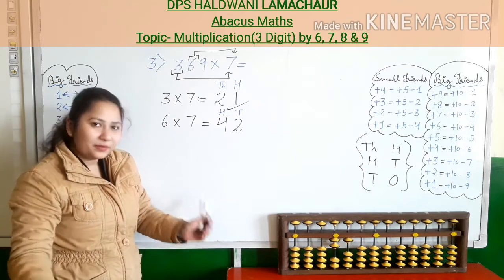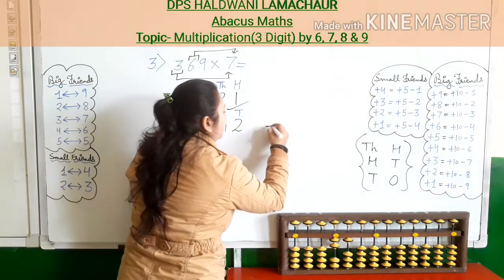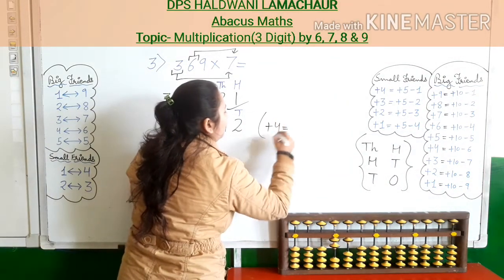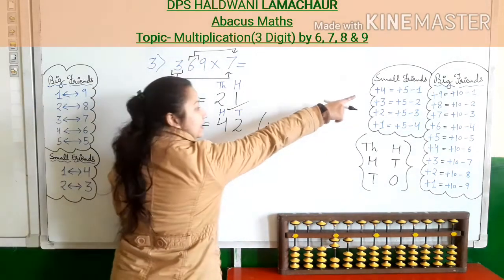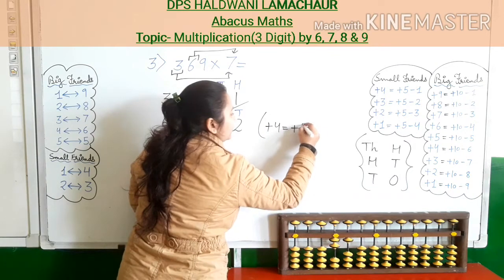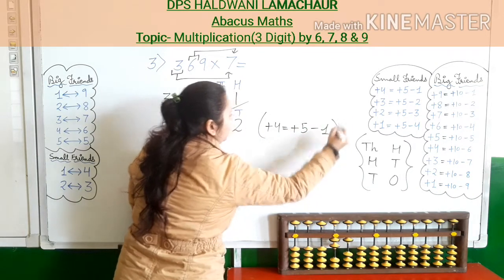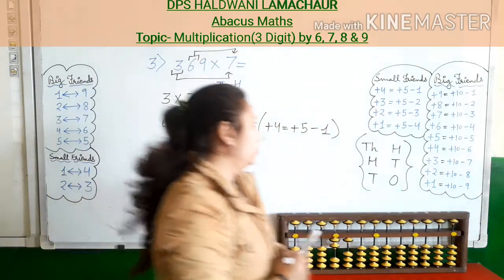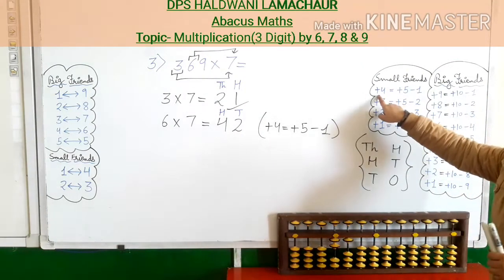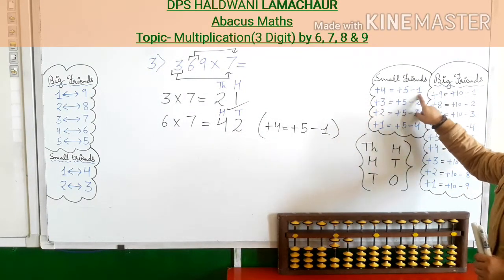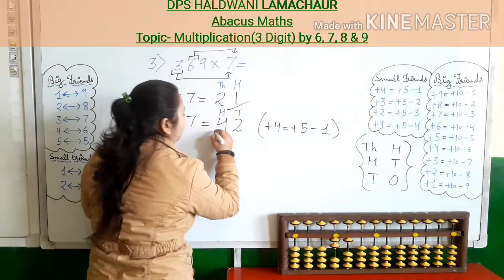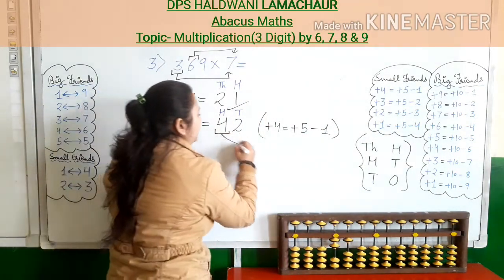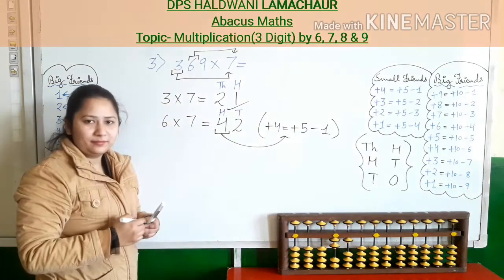Now lack of beads. So for lack of beads you have to use the small friend formula. Now for adding 4, what is the formula there? See, plus 5 minus 1. For adding 4, plus 5 minus 1.